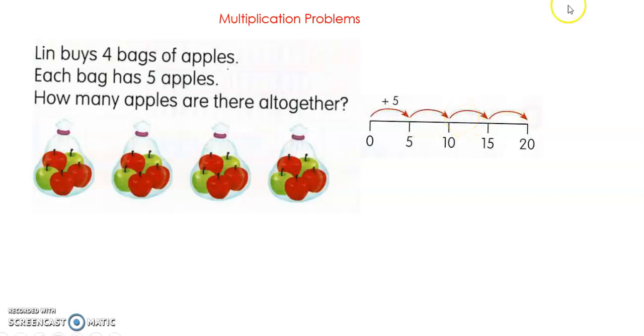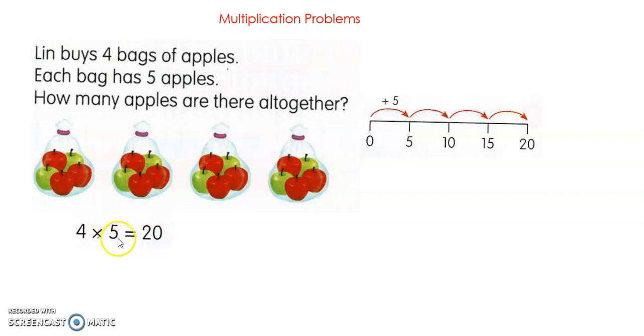But instead of doing this, I will use what? Yes, I will use multiplication, because it's easier. So I will say, how many bags? 1, 2, 3, 4. So 4 here. How many apples? I have 5 apples. 4 times 5, or 4 multiplied by 5, equals 20.